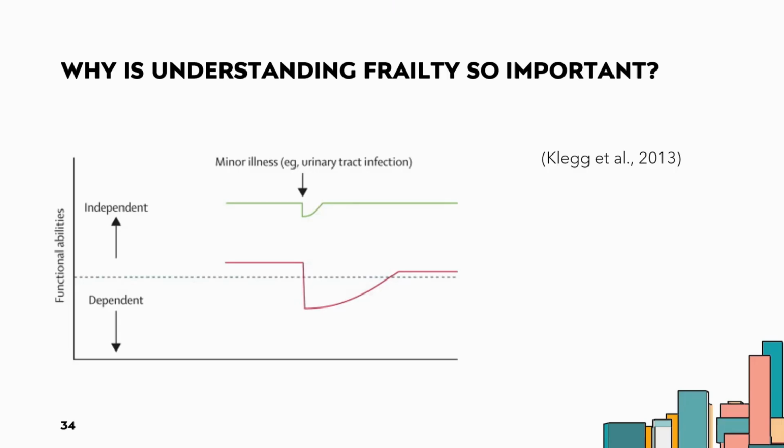And the new plateau in function is lower than where they were before the urinary tract infection. And again, this is looking at somebody who is independent at baseline. So you can imagine how low that drops for somebody who has functional dependency. So it's really important for us to identify frailty so that we can predict disease course, that we can prevent these bumps in the road that can cause functional dependence and deterioration in mobility and independence.